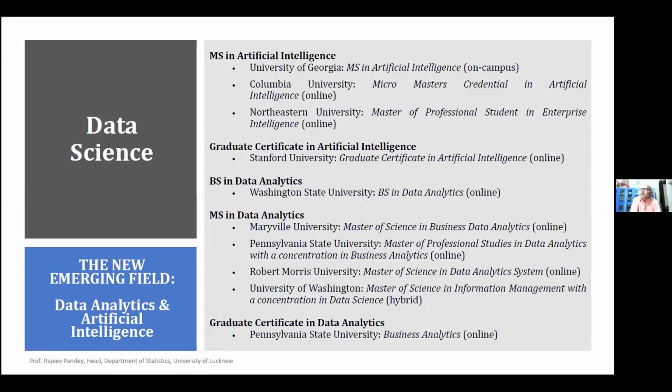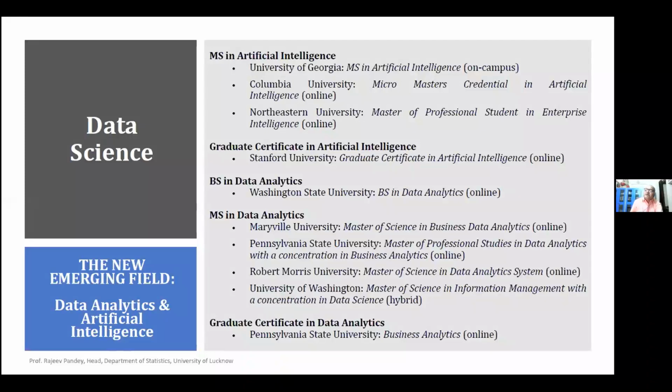I have some contacts that at the University of Georgia, they have an on-campus MS in artificial intelligence, and statistics students are getting this. Same in Columbia University, a MicroMasters credential in artificial intelligence. This is a full online course.